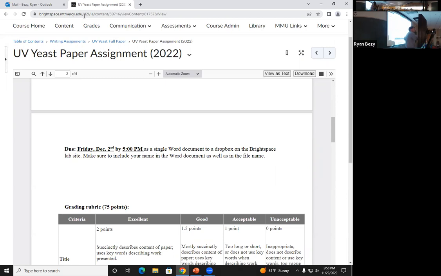So yeast could be in there, but that's not going to be the big concept. So mutation is going to be part of it. Survival is going to be part of it, but survival and mutation as influenced by what? UV light. And there's your big one. How does UV light impact living organisms? That should be what your introduction is probably focusing on.